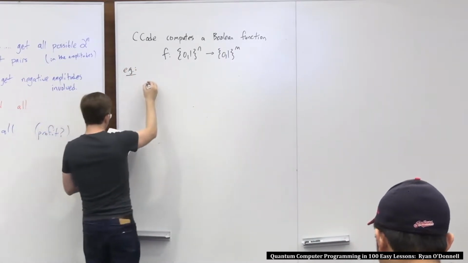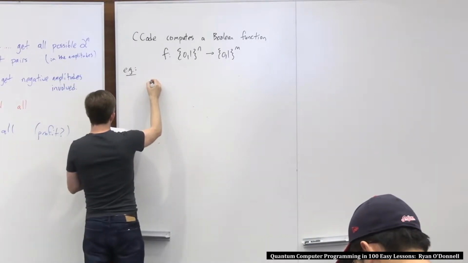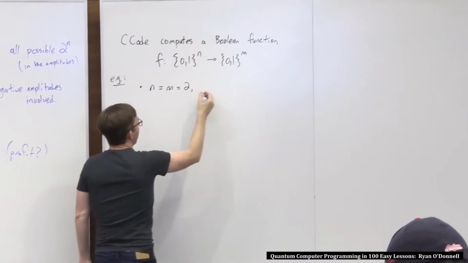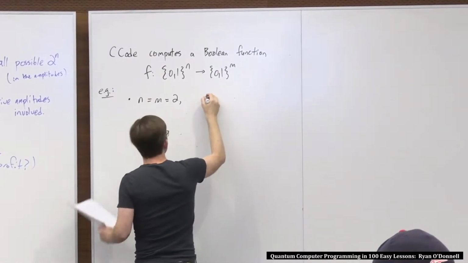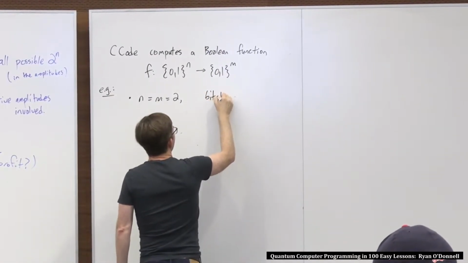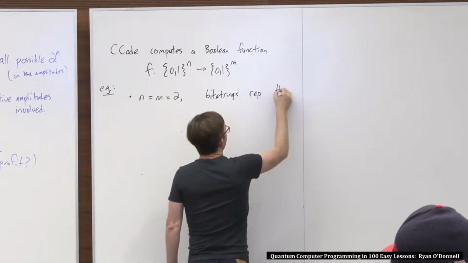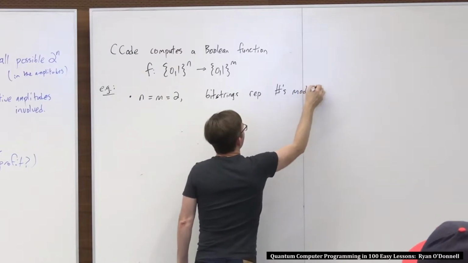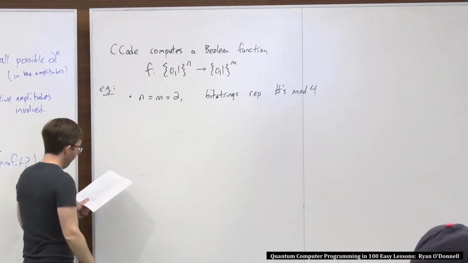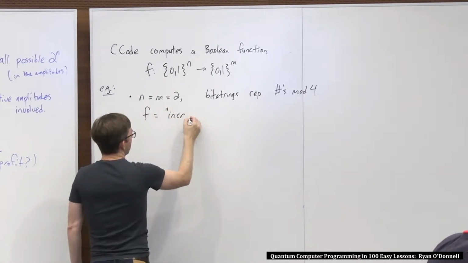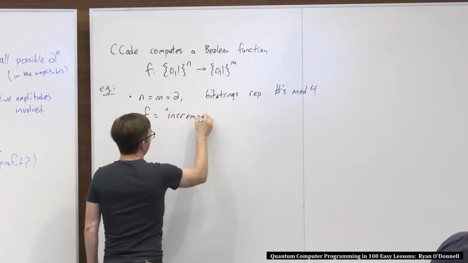Here's one you may remember well. N and M are both 2, and you think of the bit strings as representing numbers mod 4, written in base 2. And F is increment mod 4.